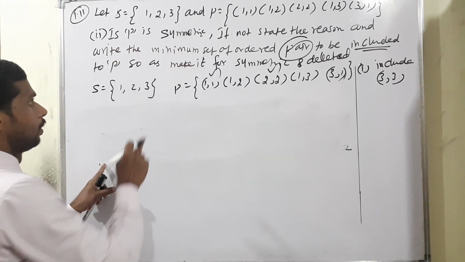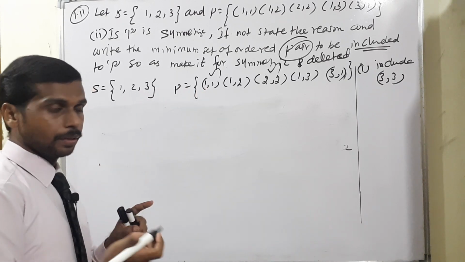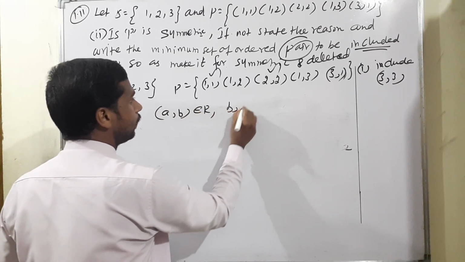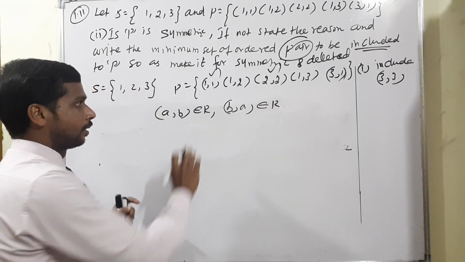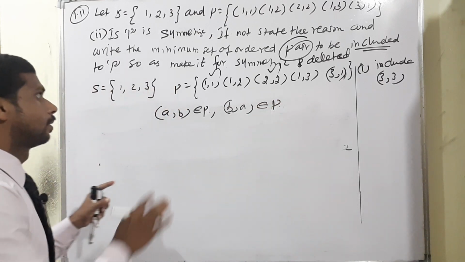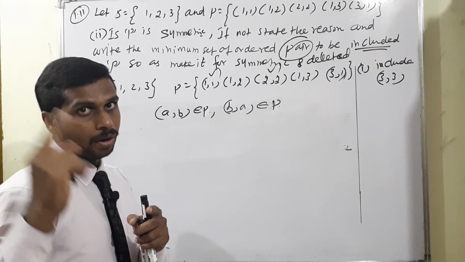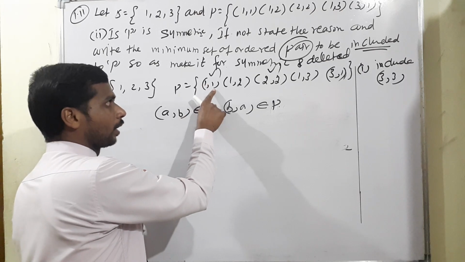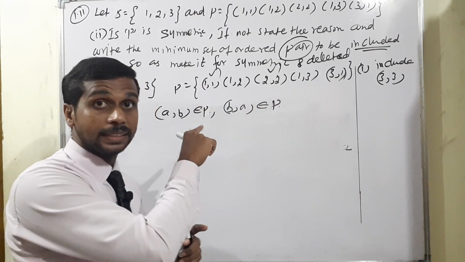Look here, 1, 2, 3 is there. What is the meaning of symmetric? If (a, b) belongs to R, then definitely (b, a) should also belong to R. Only then can we say it is symmetric. Here P is the relation. We check: (1,1) is there, leave it, because for symmetric or transitive it's not like reflexive. (1,2) is there, so we check (2,1); only then can we say it is symmetric.